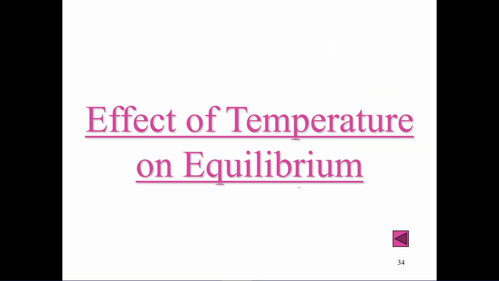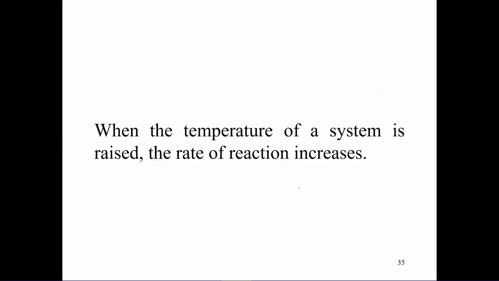The effect of temperature on equilibrium depends on the conditions. When the temperature of a system is raised, the rate of the reaction increases. And again, if you look at an energy diagram and you increase the energy, you have this activation energy.